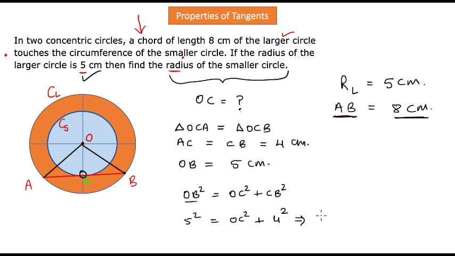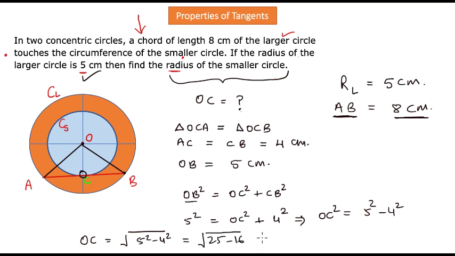That will simply imply that OC square is equal to 5 square minus 4 square. OC is square root of 5 square minus 4 square, which will be 25 minus 16 under the square root, which will be square root of 9, and that will be plus 3.